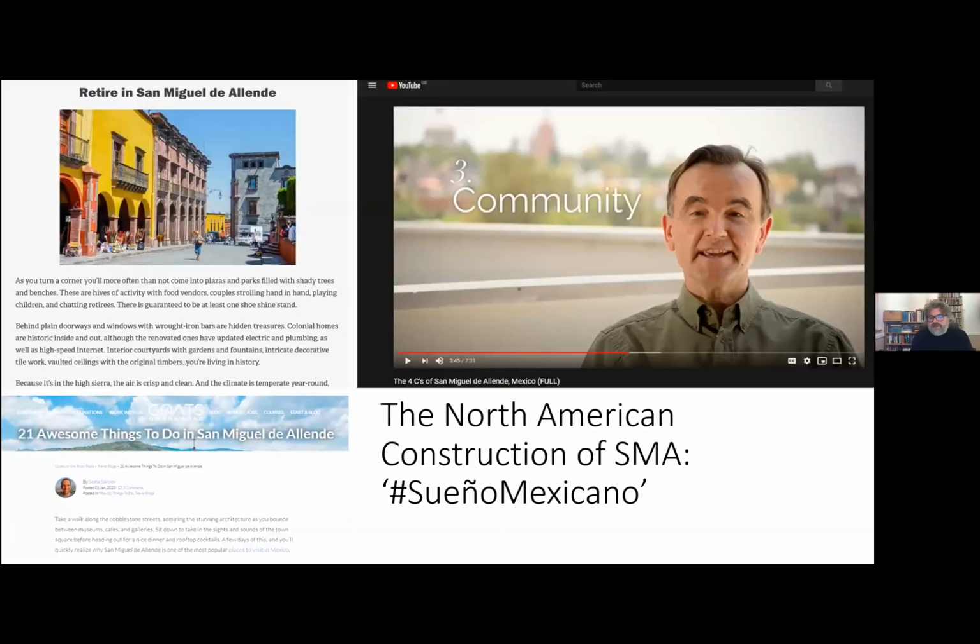So the question is, why? Why do they come here? Obviously there was this art colony that was set up, but what happened after that? Well, when we looked at this very large corpus of text, you can see that there is a great deal of social media and mass media online which is advertising or encouraging visitors.